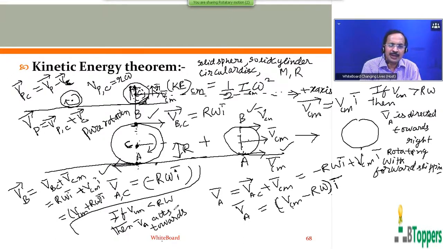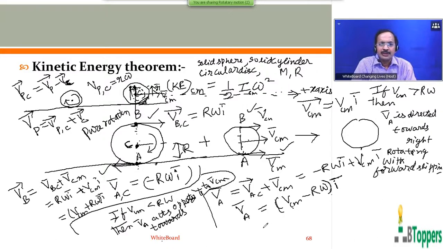That means VA bar acts opposite to the velocity of center of mass, in the backward direction.